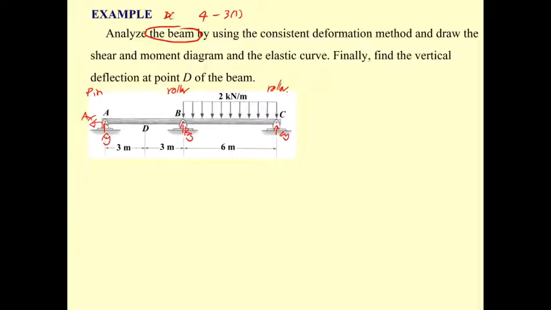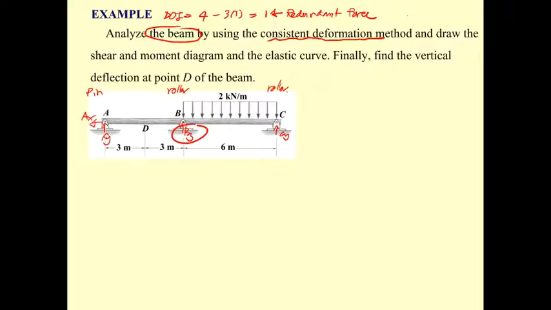So this beam is going to have a degree of indeterminacy of 1. By using the consistent deformation method, that means we're going to select one redundant force. And typically for this kind of beam, we will use B sub Y.